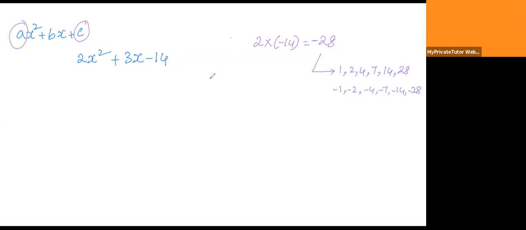We need to take two numbers out of these factors which add up to 3, the middle number, and multiply to minus 28. Can anyone tell me the two numbers?